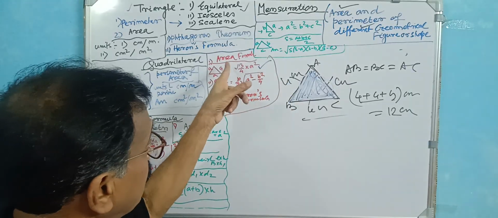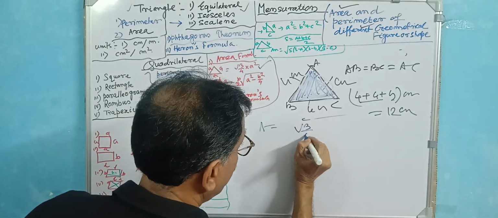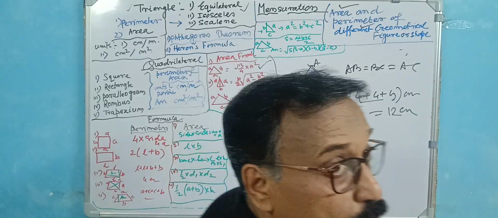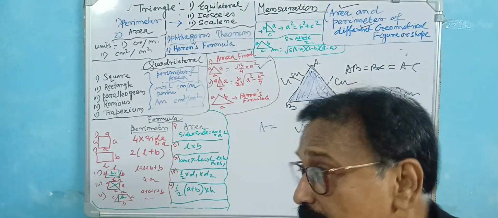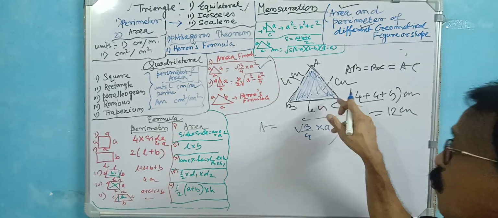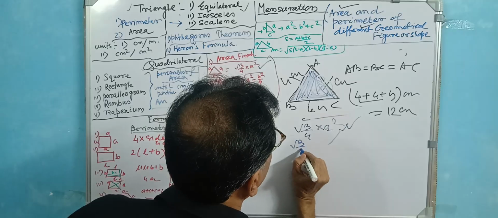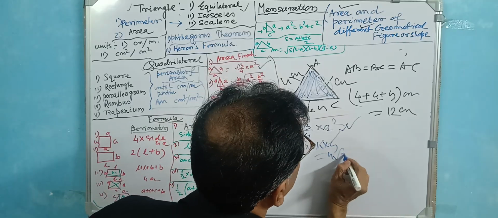The area formula is root 3 by 4 into a square, where a is the side. In case of the equilateral triangle, just remember it. It will be proved, but in mensuration, just remember this formula and put in the value. If a is 4 here, then root 3 by 4 into 4 into 4. Cut, so 4 root 3.